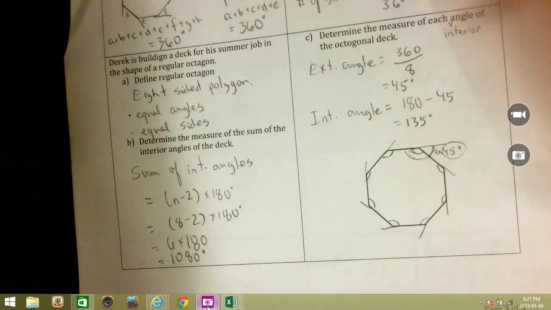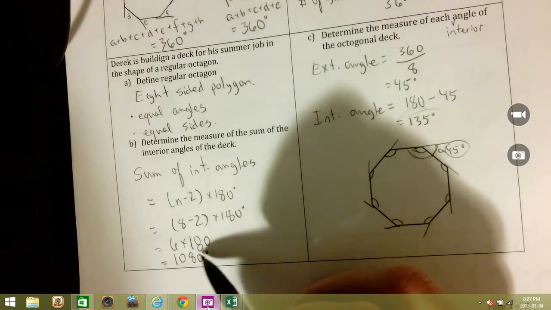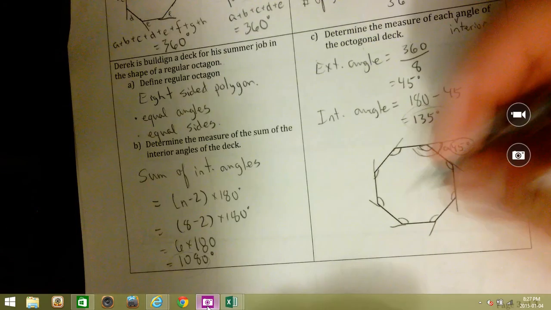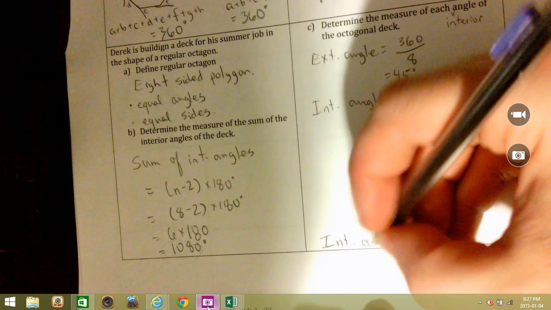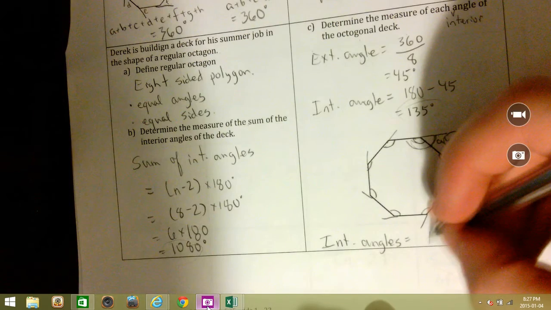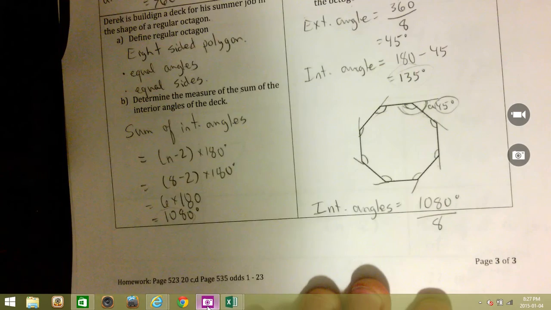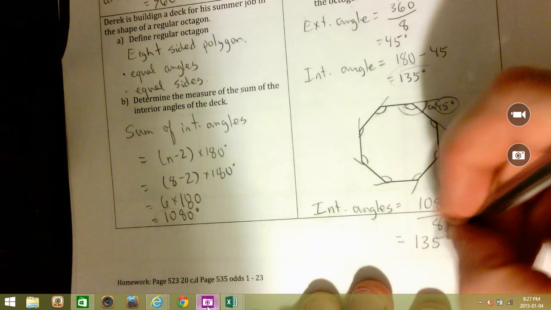Another way that we can solve this for the 135 is, I know that the sum of the interior angles has to be 1080. So for the interior angle, if I have a total of 1080 degrees, and it's divided equally into 8 parts, I divide that by 8, and lo and behold, it's 135 degrees, which is exactly what we got here.